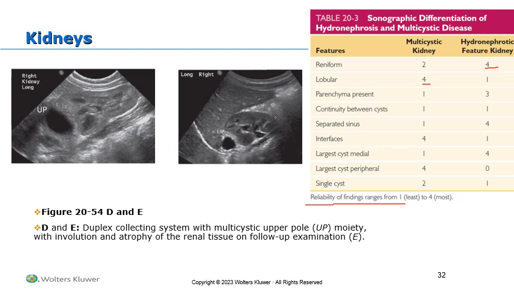Parenchyma present probably indicates it's not very reliable for a multicystic kidney. We don't know what it means, we can just see it. But if we see there's parenchyma, it's a pretty reliable indicator that it's a hydronephrotic kidney. You can make your way down this chart and see which of these findings are really going to lead you in one direction or the other.